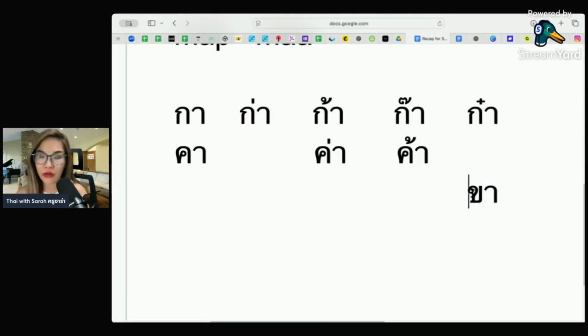The simple explanation is that Mai Tri and Mai Tawa were invented for Chinese dialect words. And since we already invented those two tone marks, we might as well use them for Thai words that have high and rising tones anyway.